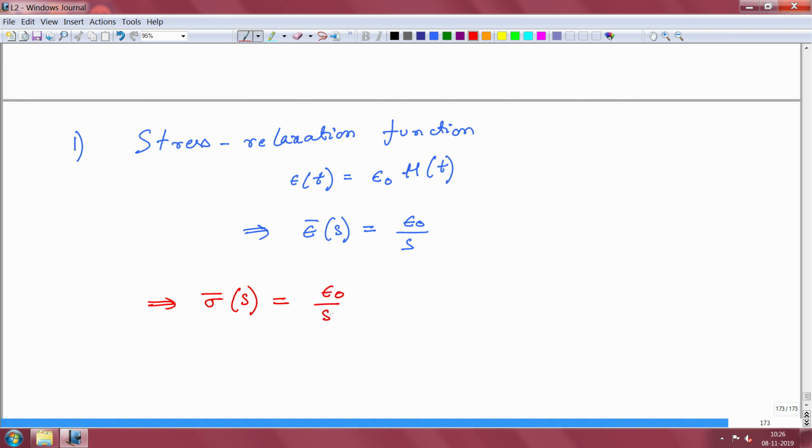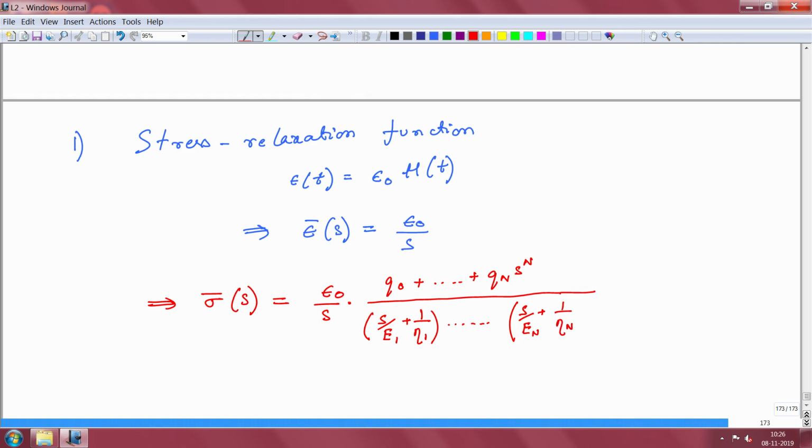You will have epsilon naught into s multiplied by this q naught, you have n terms here q n s to the power n, and then on this side you have all the n terms multiplied together, right. Sometimes I will leave this in the factored form when it is easier for us to discuss. So here I am just leaving it in the factored form. Now this is in a rational fraction form, right.